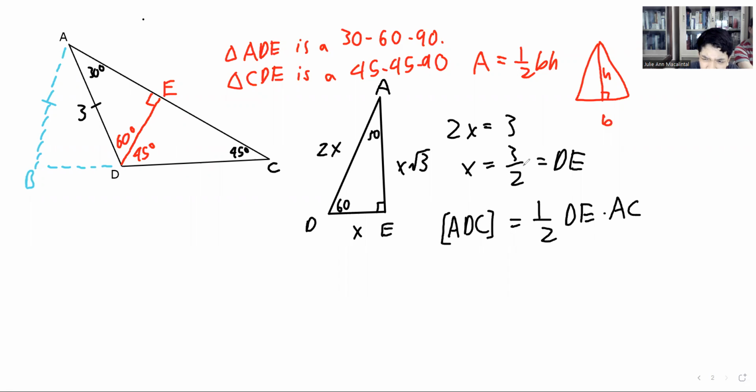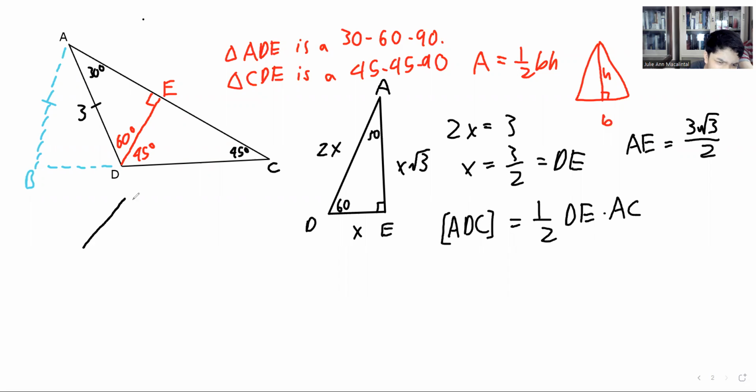Since we know x is 3 halves, then we can tell that AE equals 3 square root of 3 over 2. Okay, we already know one part of AC. Well, we need to find this EC.